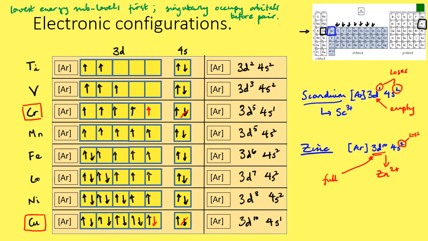And when zinc forms an ion, it's these two electrons that are lost, such that the ion becomes Zn2+, zinc 2+ ion, and you can see that the 3d sublevel is full, and that's what disqualifies zinc from being called a transition metal, and it's also what gives it different chemical properties to the transition metals.